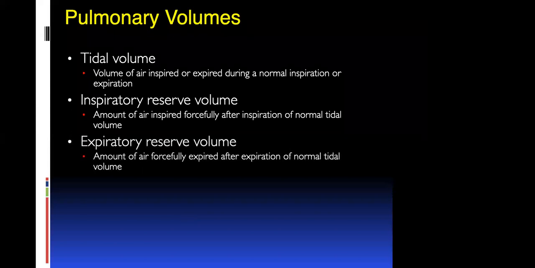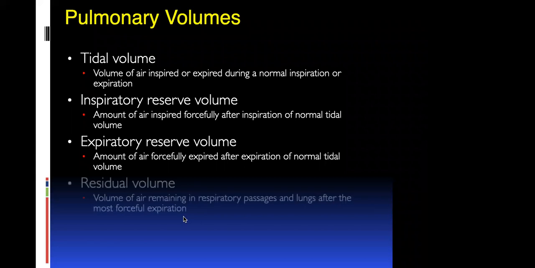Expiratory reserve volume is the amount of air forcefully expired after expiration of a resting tidal volume. Residual volume is the volume of air remaining in the respiratory passages and lungs after the most forceful expiration. This is a volume that we cannot remove from the lung in health.